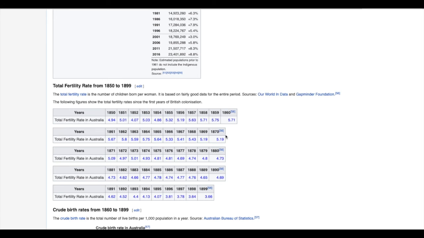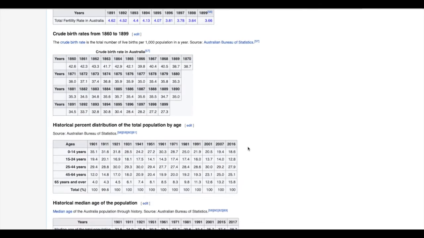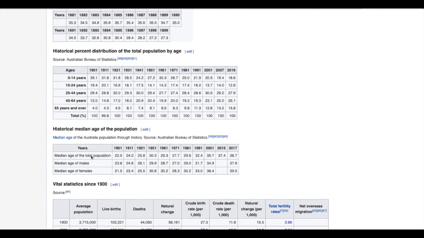So fertility rate is about birth rates, and then age is interesting. For example, if you've got a lot of old people in your area, you might want to think about accessibility for them, or for those who are hard of hearing or things like that. And here you can see, again, this is trends over time, and here you can see 65 years and older, we're getting a lot more people at that percentage than we used to have.